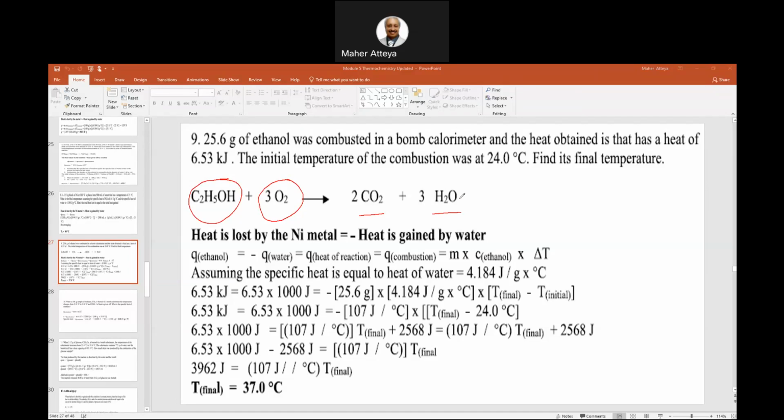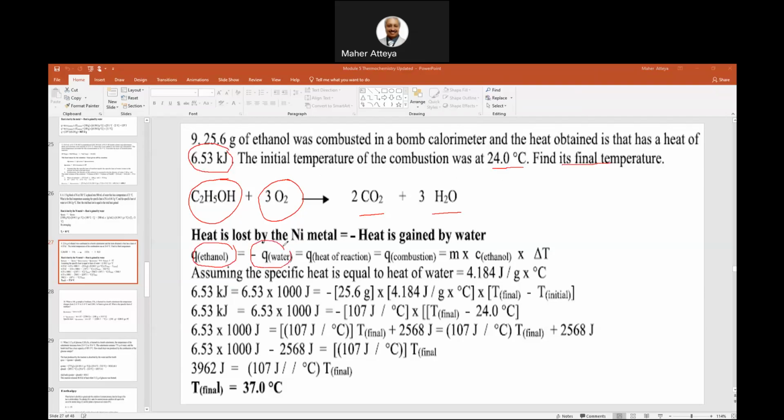The heat is found to be this amount, so the heat of this combustion reaction is this amount here. The initial temperature of combustion was 24 degrees. Find its final temperature. We did that before. So you have Q ethanol is minus Q H2O.